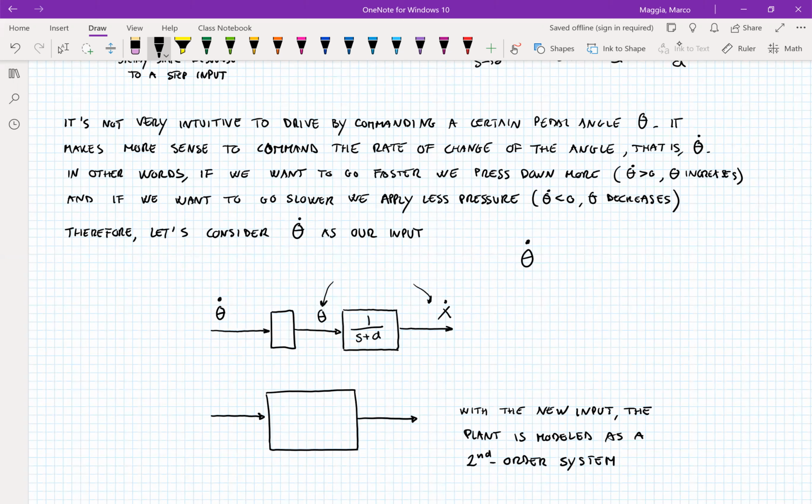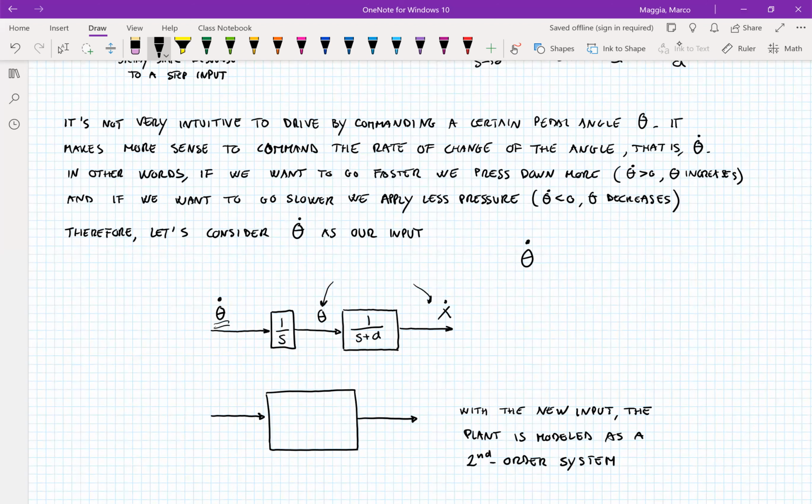That is still a thing, but our new input is theta dot. So how do we go from the rate of change of theta to theta itself? Well, theta dot is the derivative of theta. So if we have the derivative, if we want the angle, what do we have to do? We have to integrate. And in the S domain, the integration is simply 1 over S.